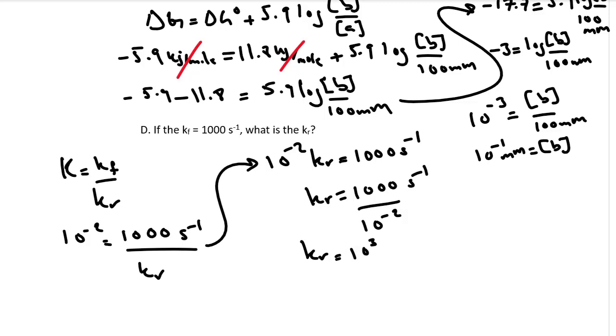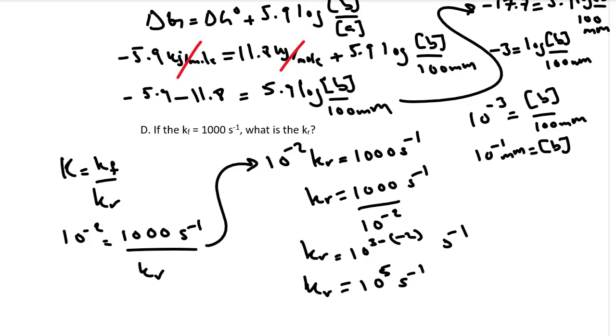When you're dividing two numbers that are at the same base, what you can do is just subtract their powers. So in this case it'll be 3 minus 2, and everything will be per second, and this will give me a Kr of 10 to the 5 per second.